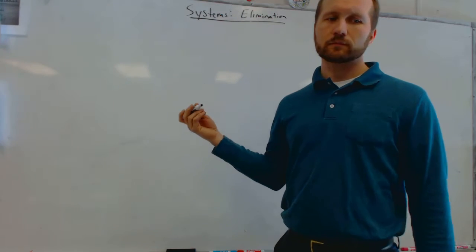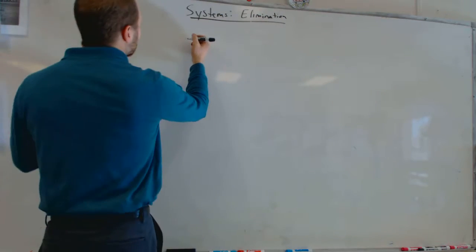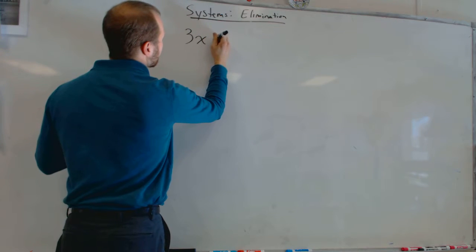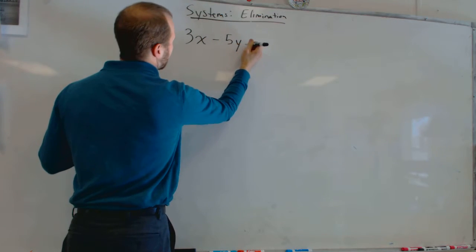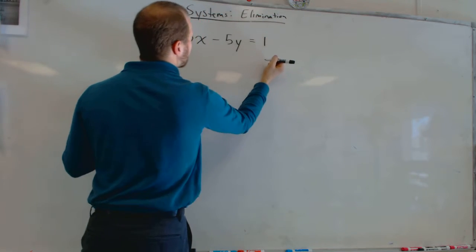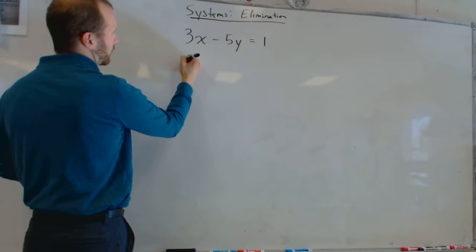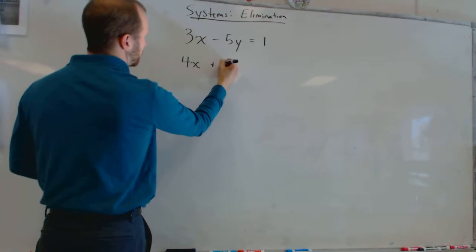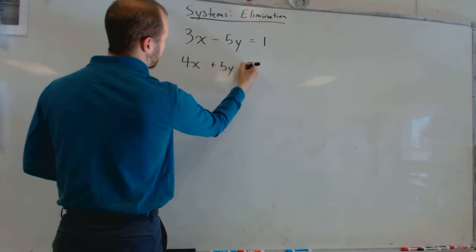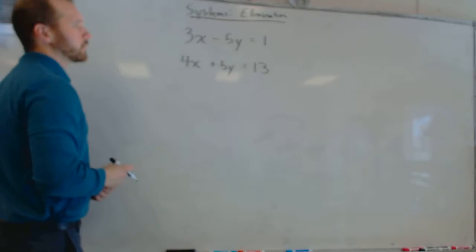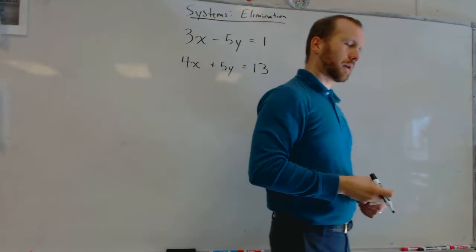Okay? So let's look at a problem like this. 3x minus 5y equals 1. 4x plus 5y equals 3. Okay.